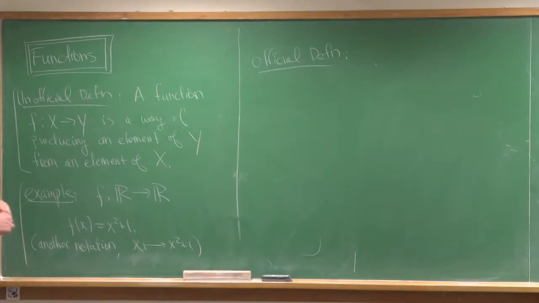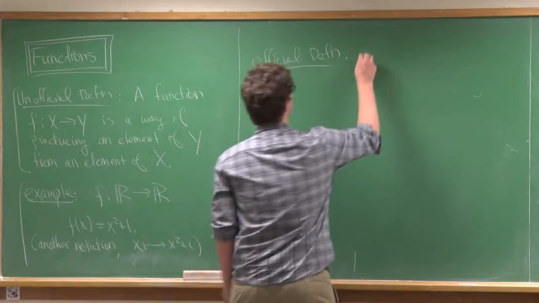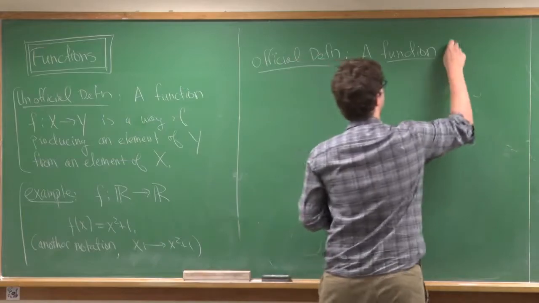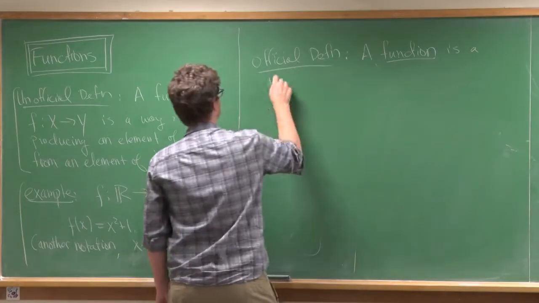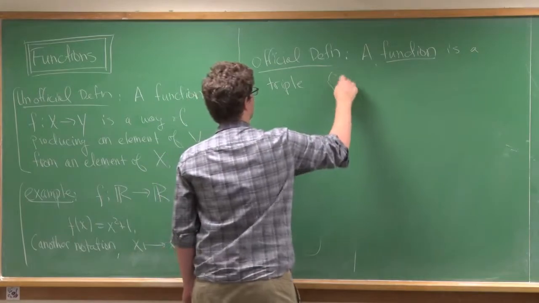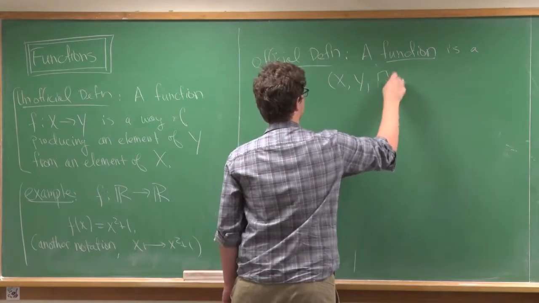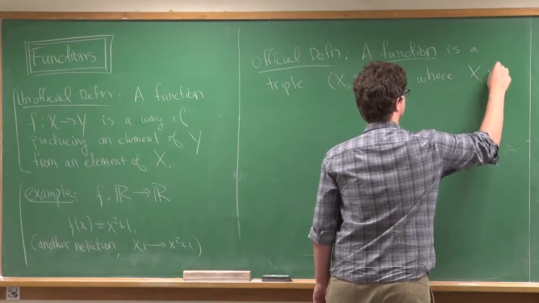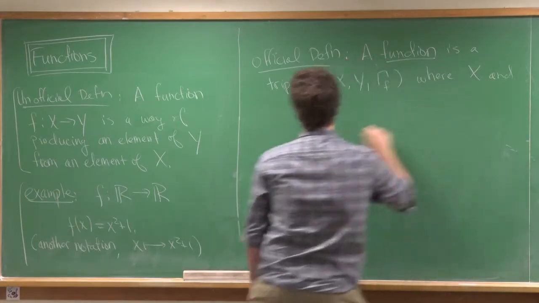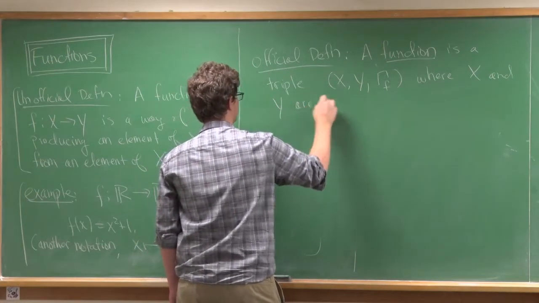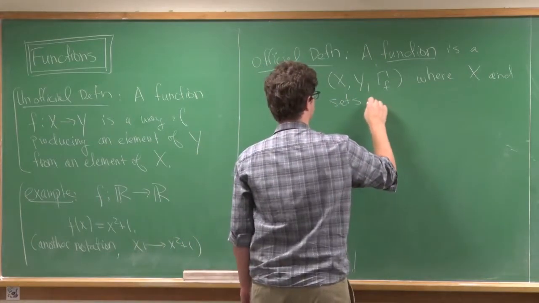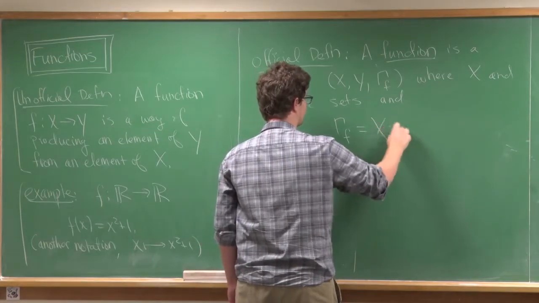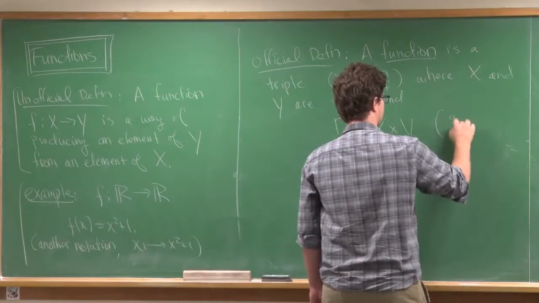All right. So a function is a triple X, Y, and gamma of f, where X and Y are sets, and gamma of f, sometimes referred to as the graph of the function.